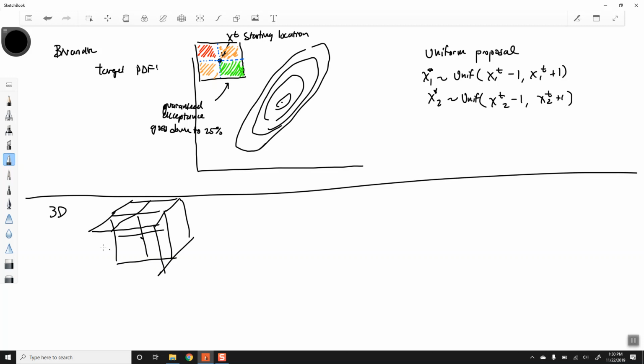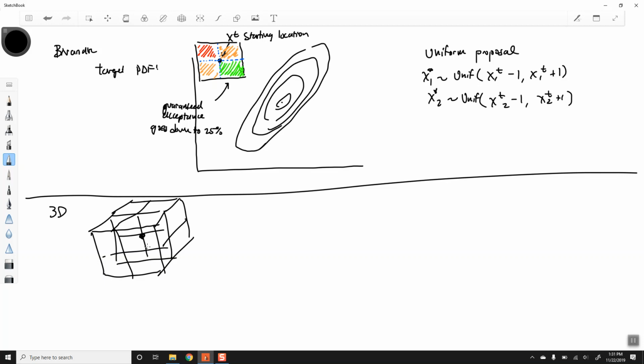Oh, geez, this is a nightmare. So you're centered right here in the middle of the cube, and now you have these 8 boxes around, and only 1/8 will be closer to the center, and a lot of other stuff will be farther and farther away, right?